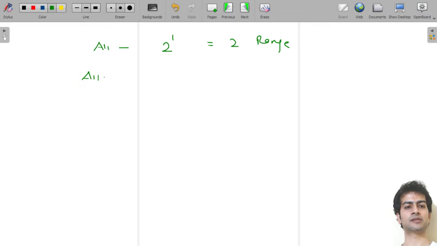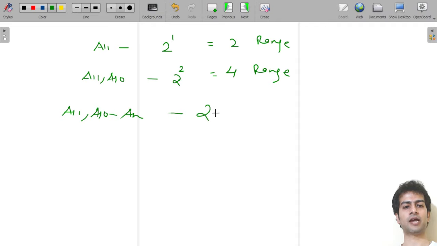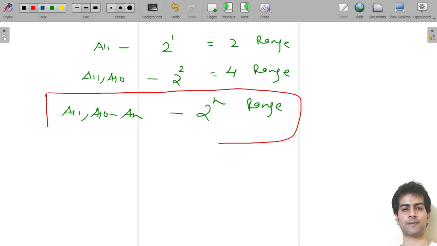If 2 address lines are missing, the number of combinations will be 2 to the power 2, that is 4 ranges. Similarly, if n address lines are not given, we will have 2 to the power n combinations, or 2 to the power n ranges.